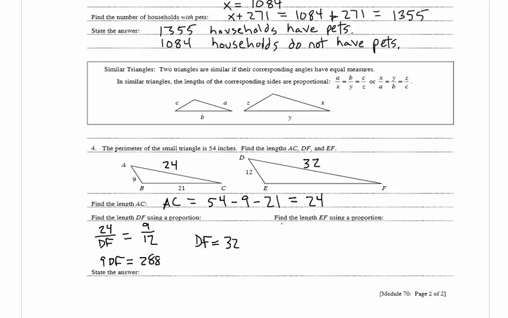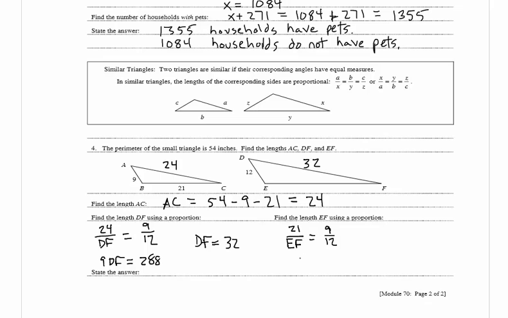And now we want to find the length of EF using a proportion. And so we have 21 over EF is equal to 9 over 12. I'm going to use the same proportion that I used for the first example.